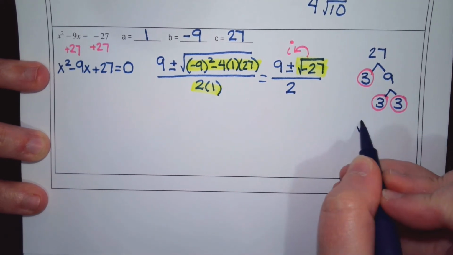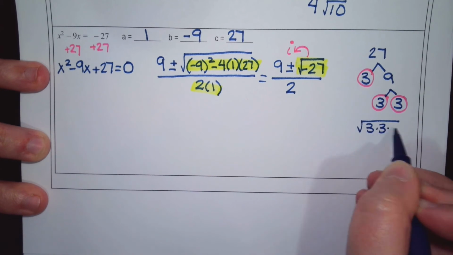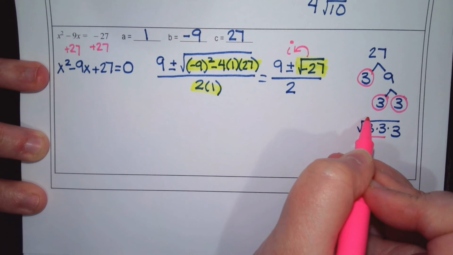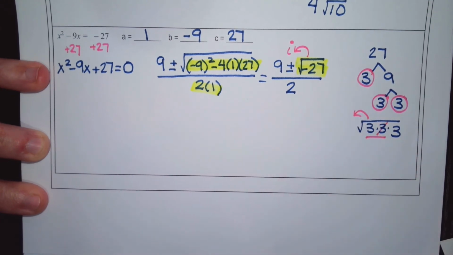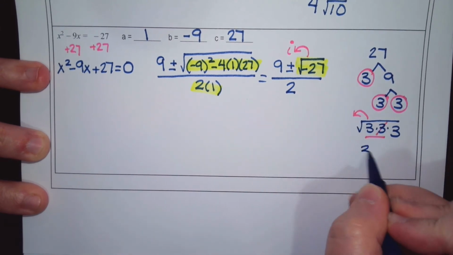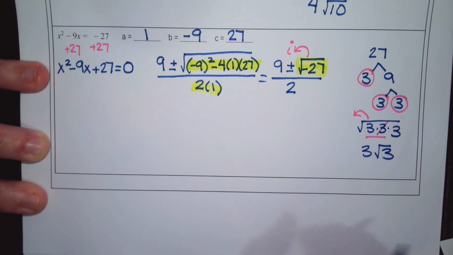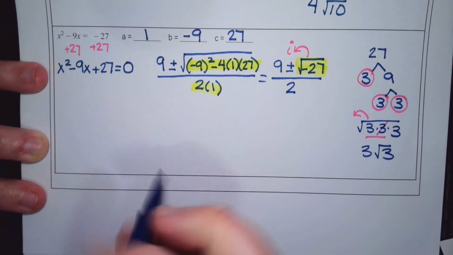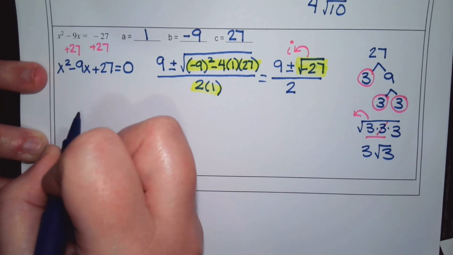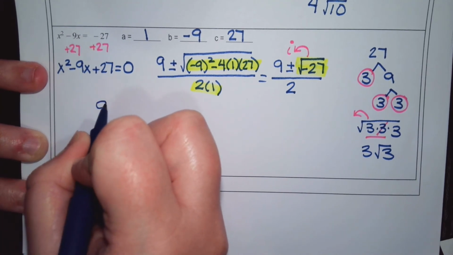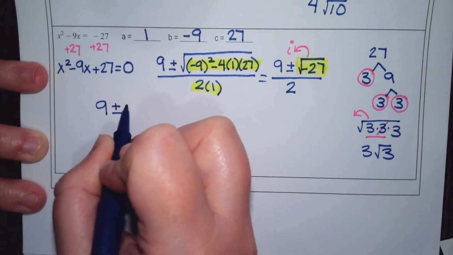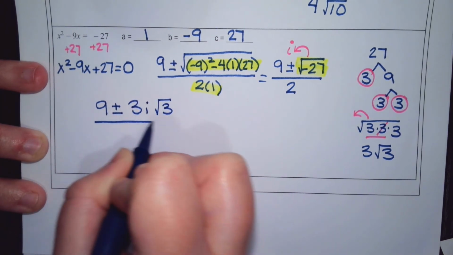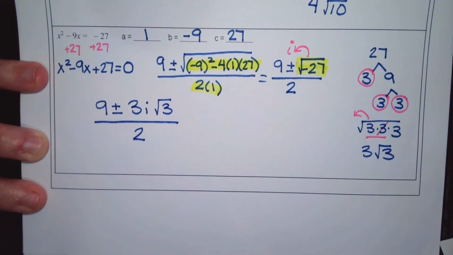So we have the square root of 3 times 3 times 3. We have a pair of 3's. Keep 1, chuck 1. So we have 3 root 3. But don't forget that i that we brought out in front. So we have 9 plus or minus 3i root 3 all over 2.